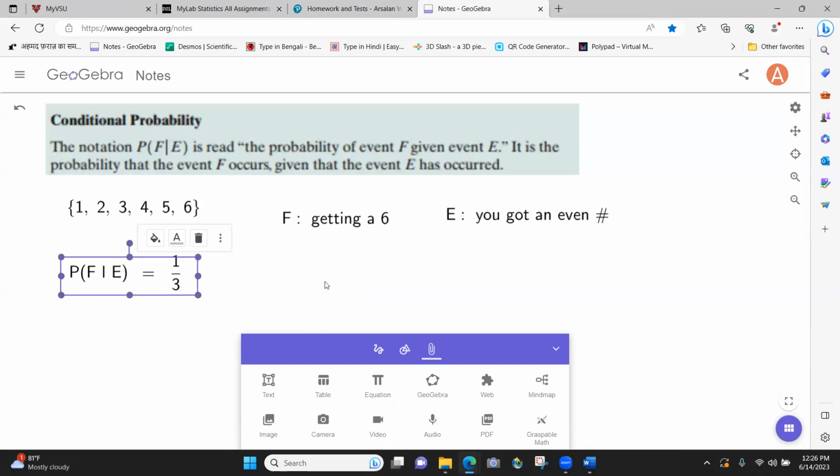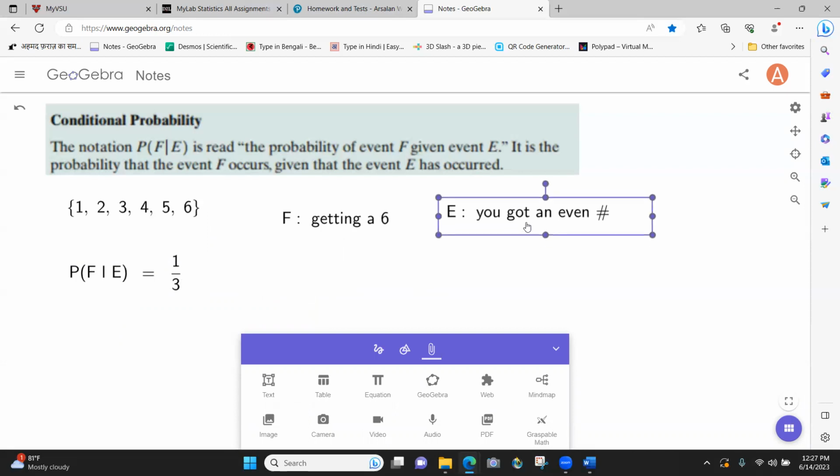So once again, this is called conditional probability. Conditional probability generally adds a condition to the sample space and makes the sample space smaller. My original sample space had 6 items, but the moment I add the condition that you got an even number, the sample space shrinks to this.